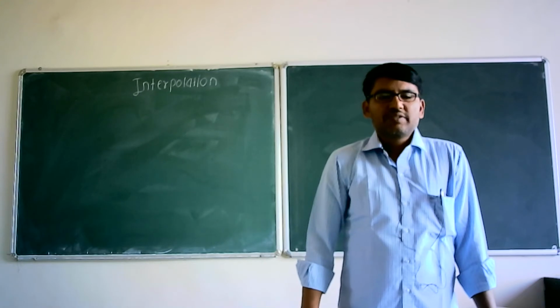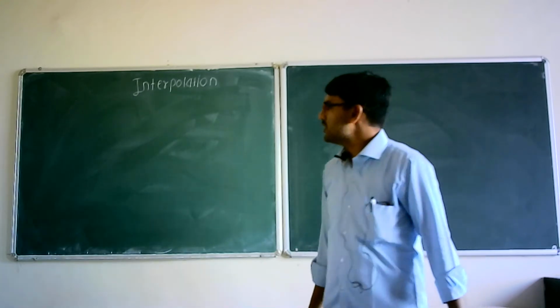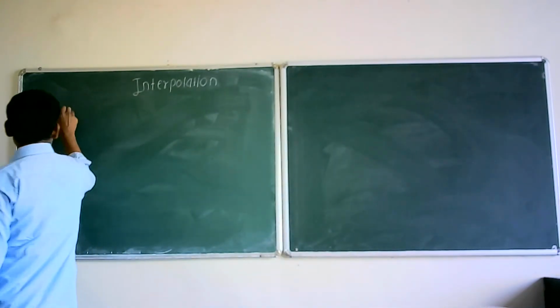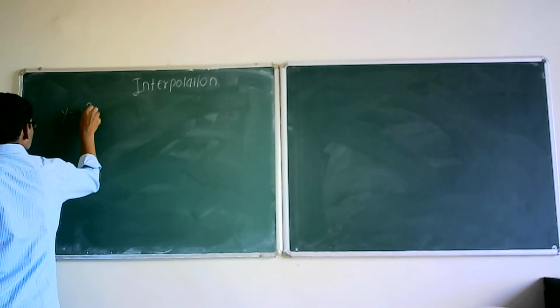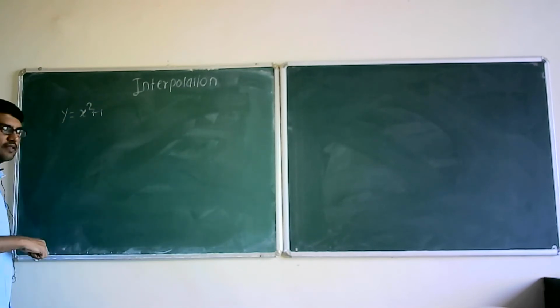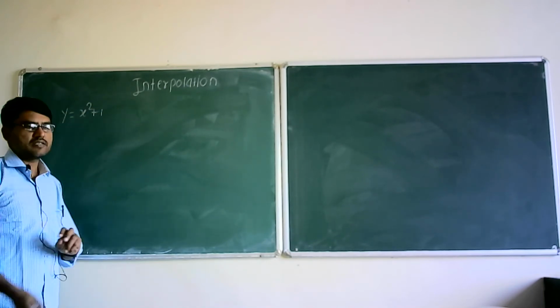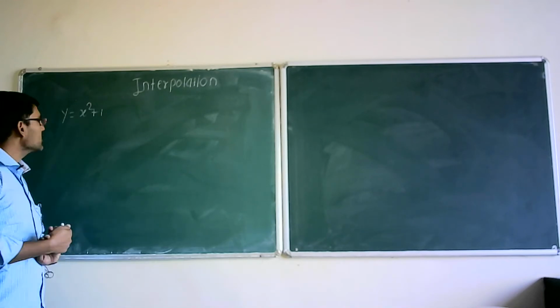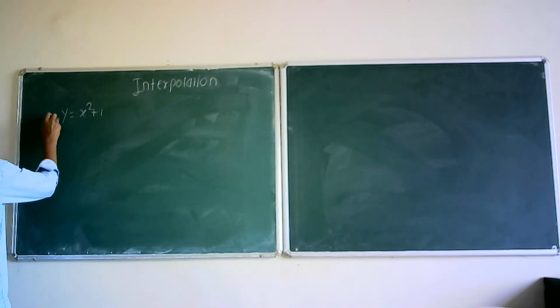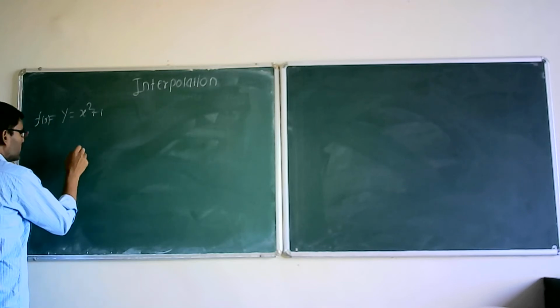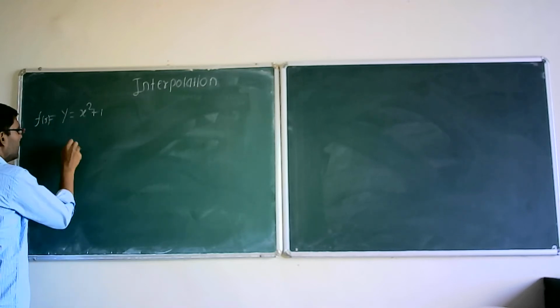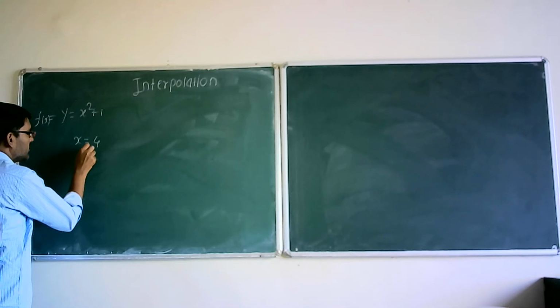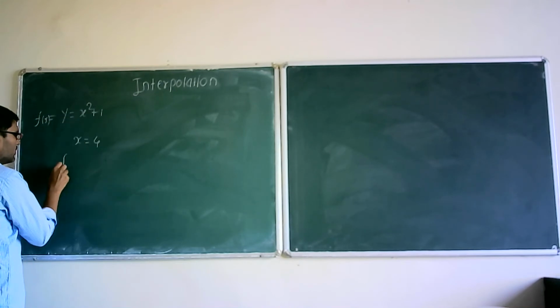First we are going to see a definition of interpolation. Suppose y is equal to x square plus 1 is the given function. That is, if you know the explicit form of a given function y is equal to f of x, then for any given value of x, suppose I want to determine the value of y when x is equal to 4, then just put this value in the given equation.